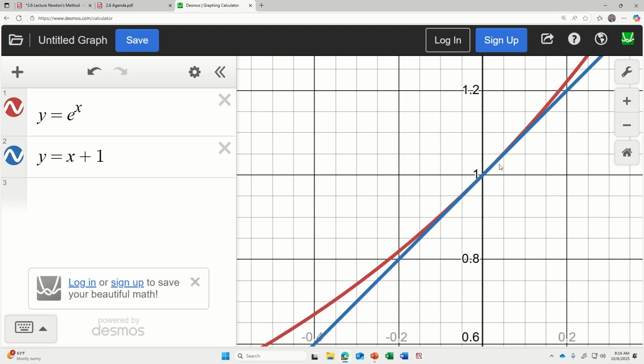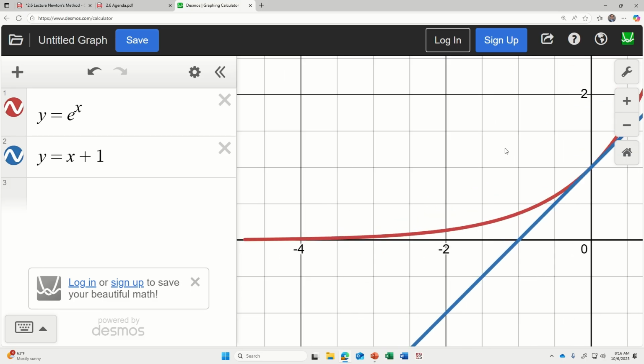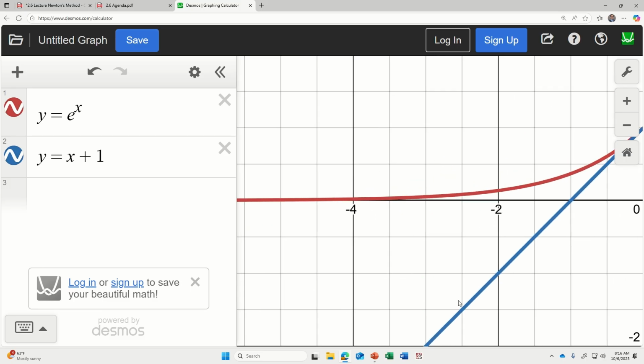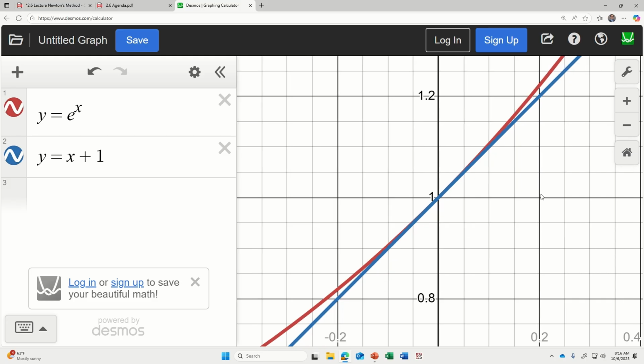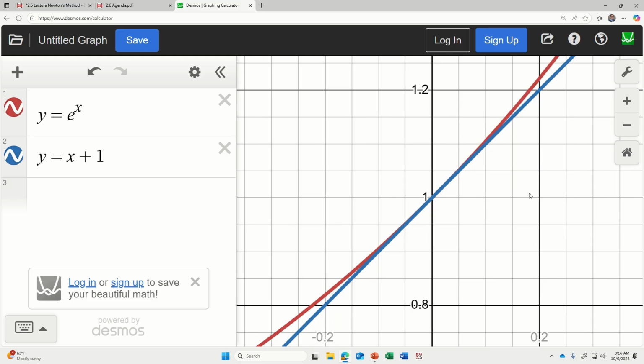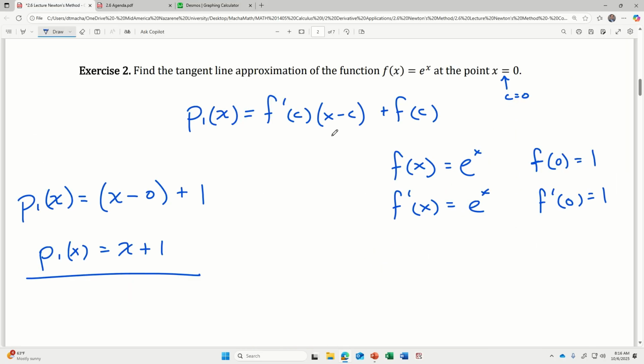That's not true everywhere, right? If you zoom out over here, now the blue line is a really bad approximation of the red curve. But at least within some small neighborhood, it's pretty close. And that's the idea of approximations.